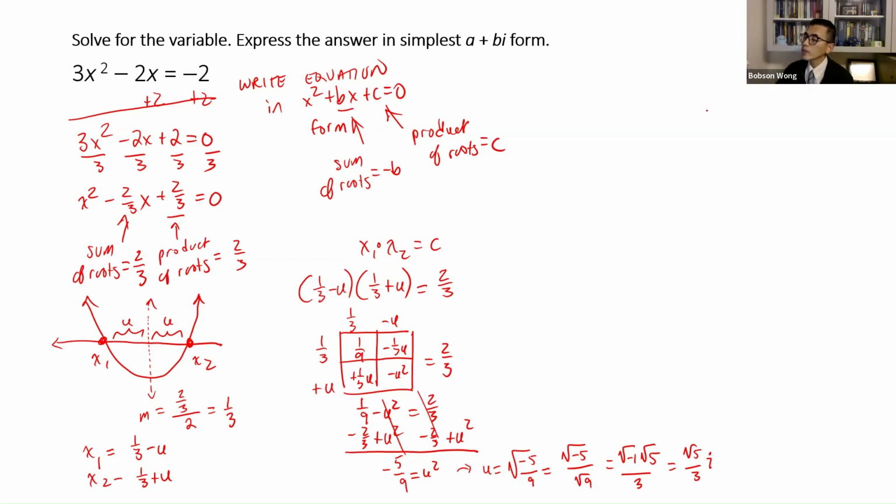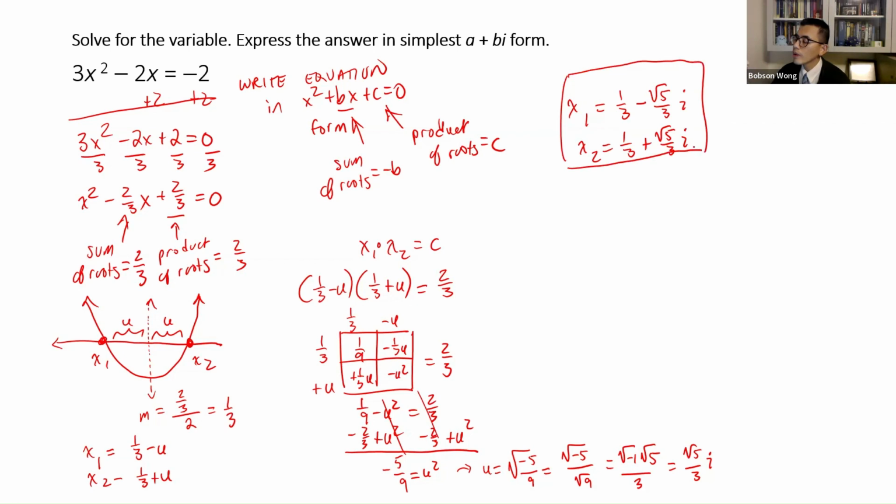Our final answer is that the roots are x sub 1 equals 1/3 minus square root of 5 over 3 times i, and x sub 2 is 1/3 plus square root of 5 over 3 times i. So that is our answer.